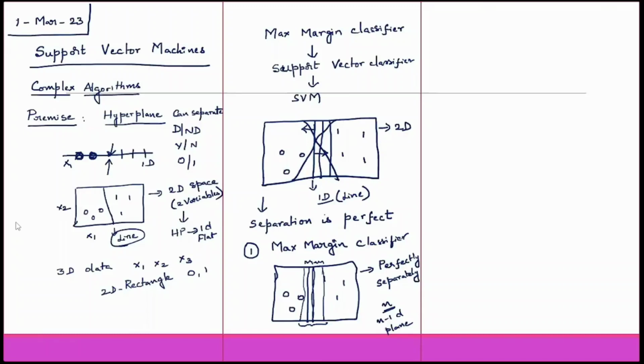So I would look at the 2 class borders, and see which one maximizes the margin. That is why it's called the maximal margin classifier. Okay. So it could be drawn for n-dimensional data.